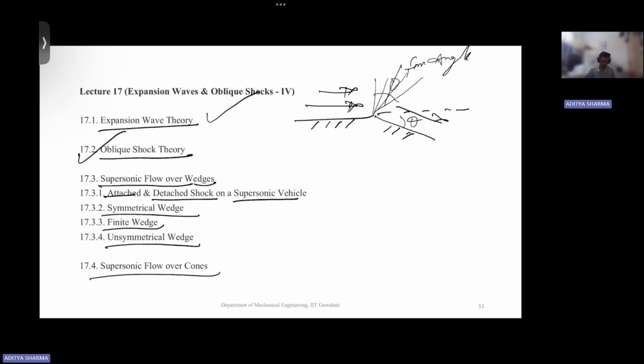Then oblique shock theory again has been revised. This oblique shock theory we have seen just in the previous lecture. We have again seen this oblique shock theory and inferences out of the theta-beta-M curve we saw.